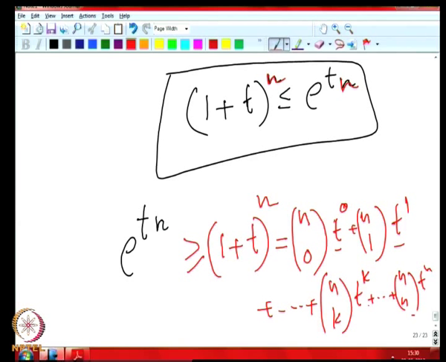Therefore, any individual term I take from here is going to be less than or equal to the whole sum. So I just take this term, and this is less than or equal to (1 plus t) raised to n, which is less than or equal to e raised to t n.